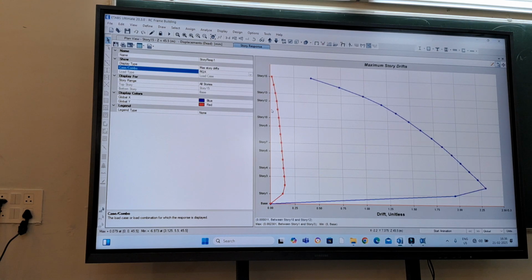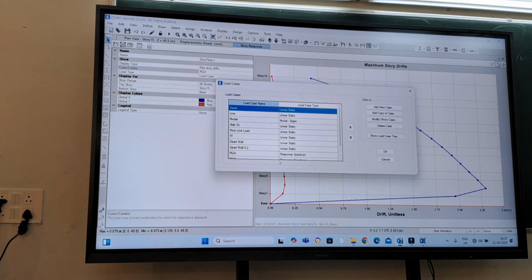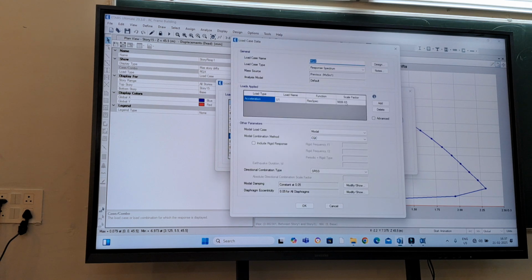Response spectrum load case. We should consider the load without factor. Yeah, without factor. Let me check whether I have that factor or not. Factor is not applied, so you can check with this. It means base shear correction is not done here. Okay, because if I apply the base shear correction, this factor will be changed. I have to manage with some factor.